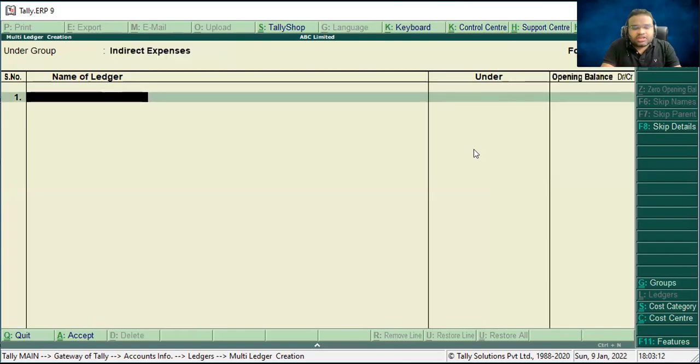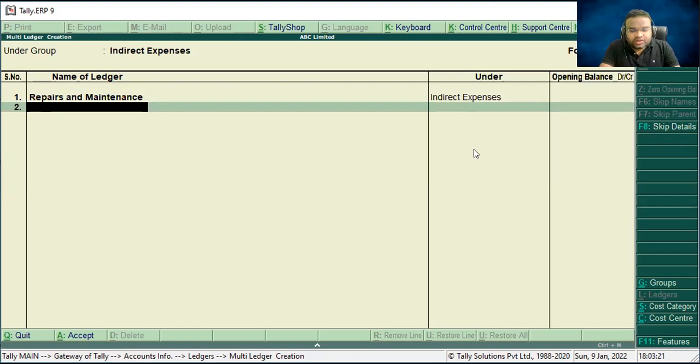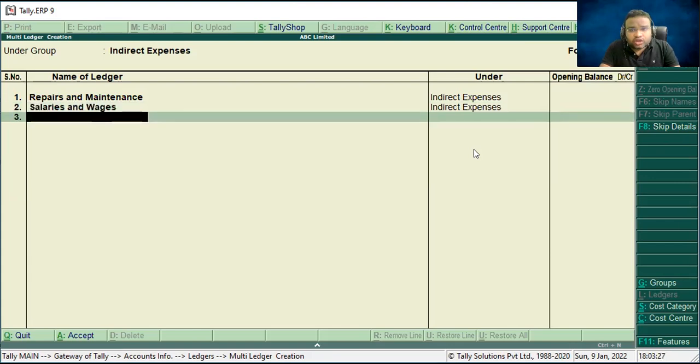Under indirect expense, I'm putting repairs and maintenance. Okay. Second one, I'm putting salaries and wages. General ledgers I'm keeping. So all these ledgers are reflected in terms of financial accounts, your profit and loss account, balance sheet, etc. Third one, I'm starting with staff welfare.